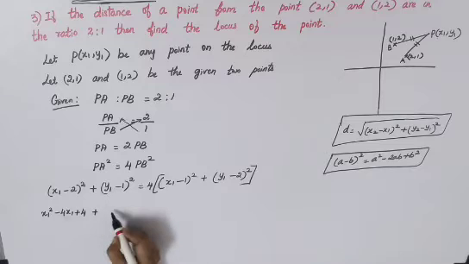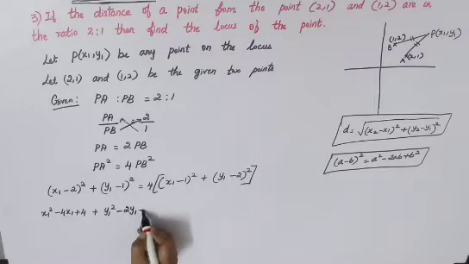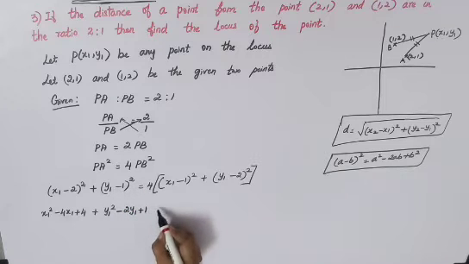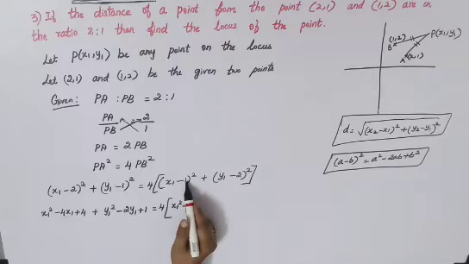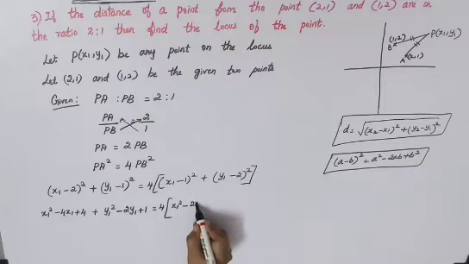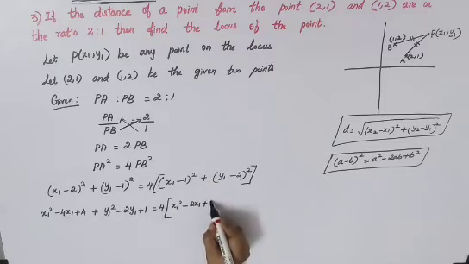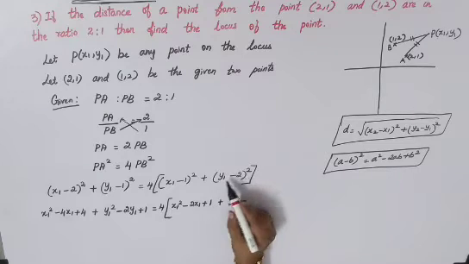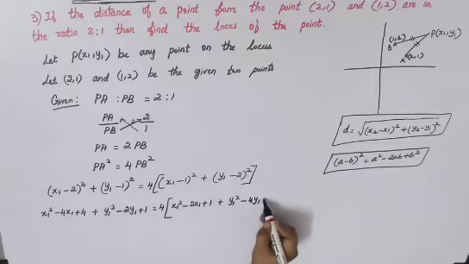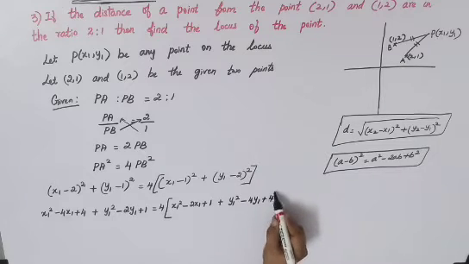Then plus y1 square minus again 2ab, 2 ones are 2, so 2y1 plus 1 square will be 1, which is equal to 4 into again the same formula. So we'll get x1 square minus 2ab, 2 into 1 is 2, so 2x1 plus 1 square is 1, plus again the same formula y1 square minus 2ab, 2 2s are 4, so 4y1 plus 2 square will be 4.